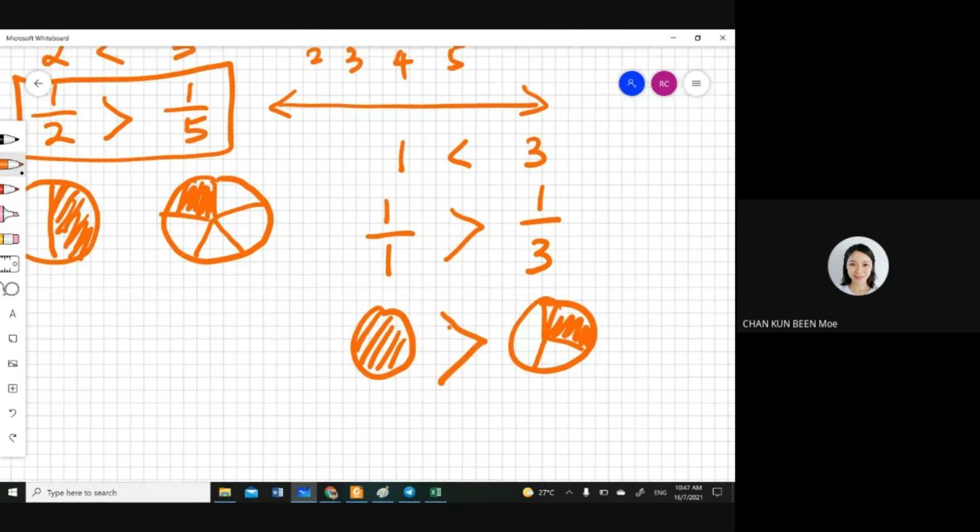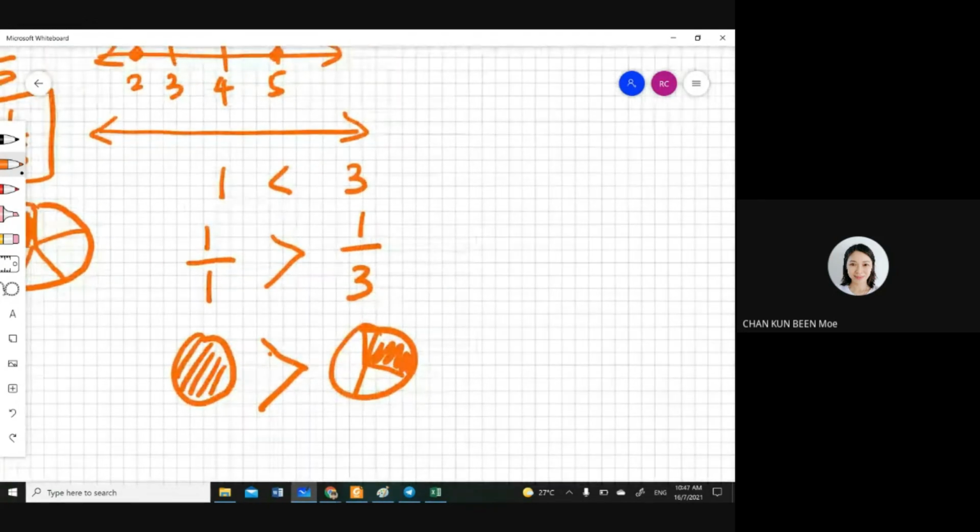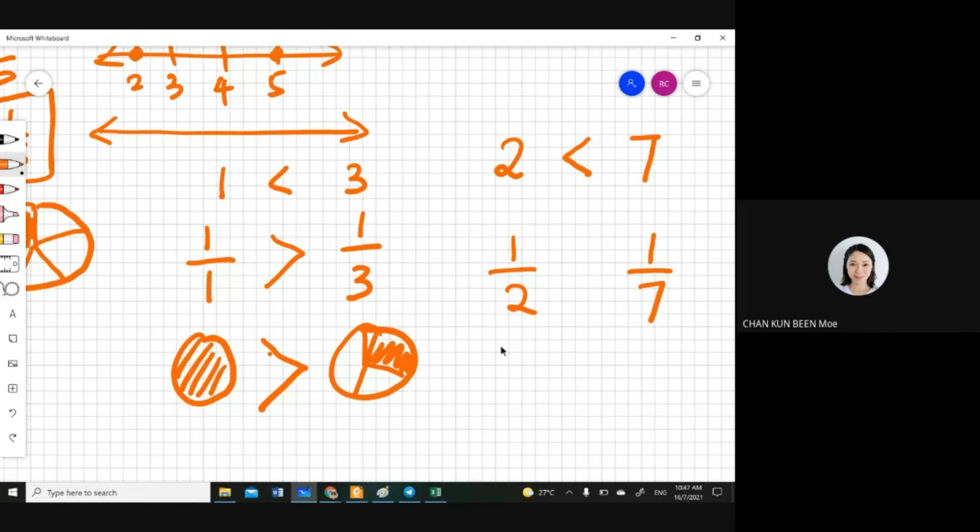I give you another example which is clearer for you to identify. For example, 2 and 7. 2 is less than 7, right? If I change it to reciprocal, 1/2 and 1/7. So what is the symbol in the middle? Greater than. It changed directly.